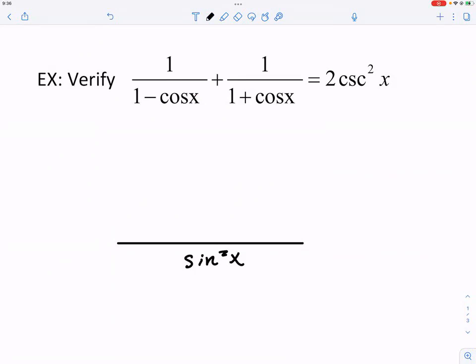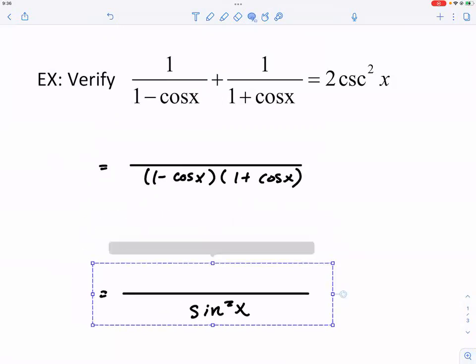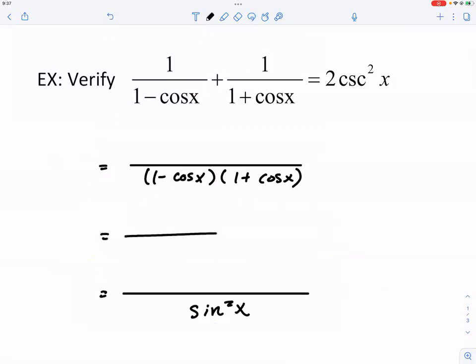And what is 1 minus cosine square x? That's sine square x. Now that's the kind of mental math I want you to get ready for. I want you to think about this mentally, that this is what you have for the denominator.